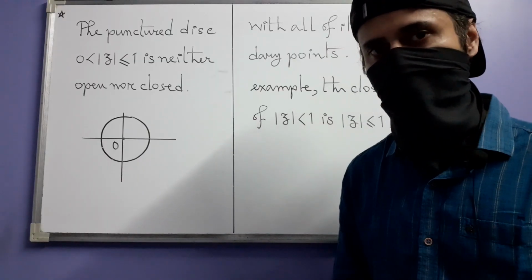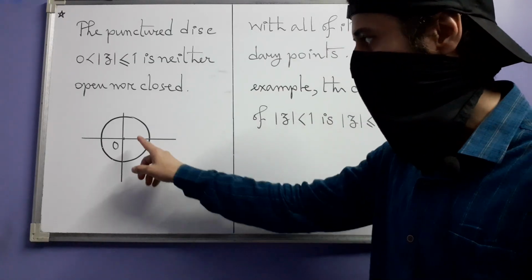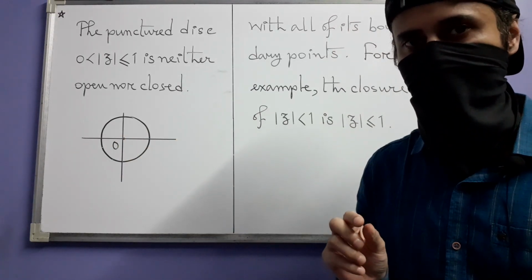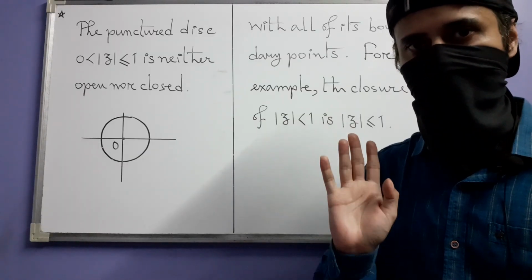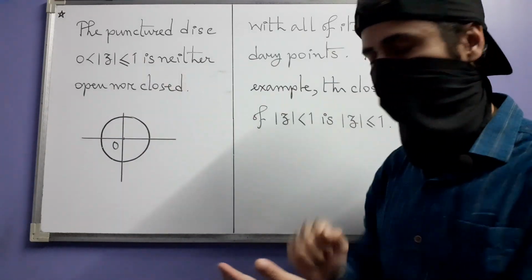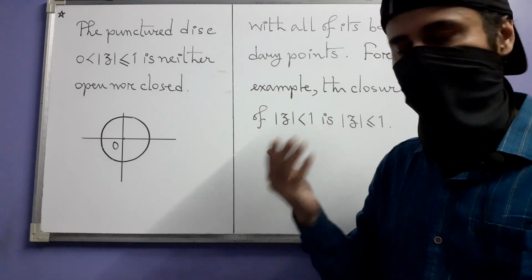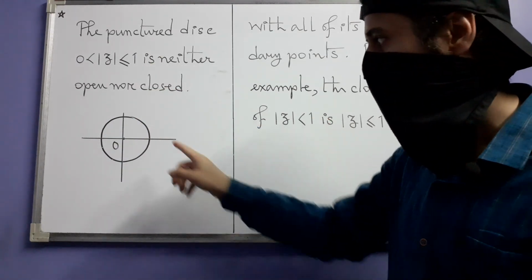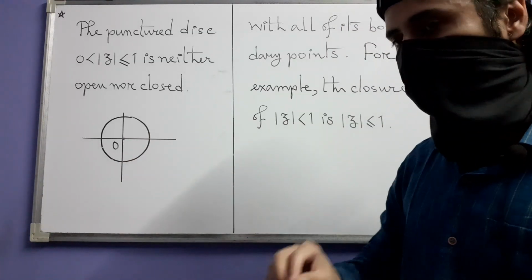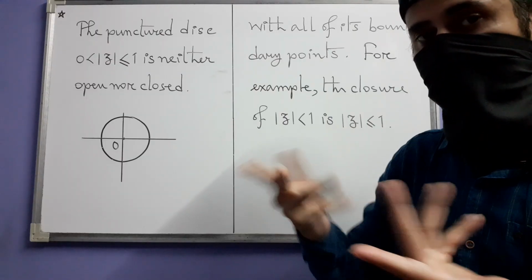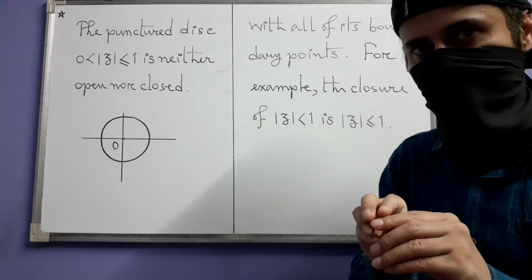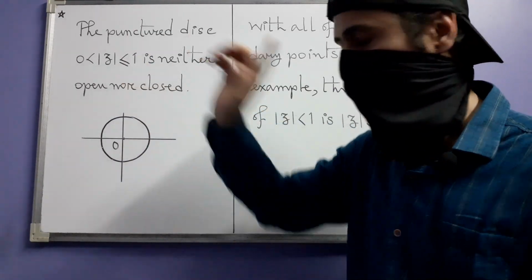Can it be an exterior point? No. Because if you think of an epsilon neighborhood of the origin, which is basically the interior of a circle whose center is the origin, can any such epsilon neighborhood lie entirely outside this set so that it does not intersect this set at all? No. It will intersect the set at infinitely many points. The origin itself is not included, but its neighborhood is included. Some region, no matter how small, around the origin you choose, that region will have infinitely many points of this set.